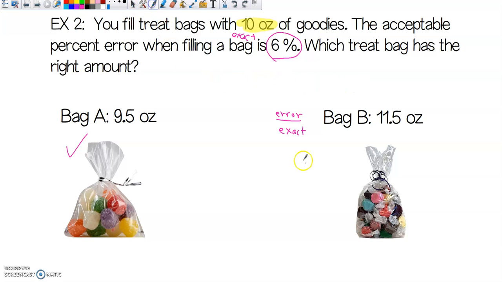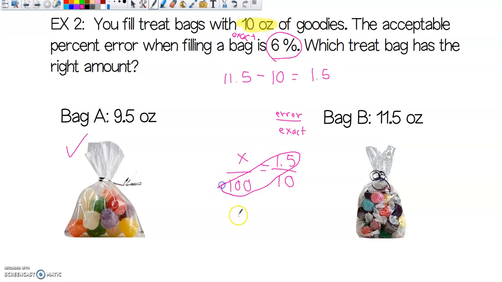So bag B, I need to find what the error is, so I'll go 11.5 and I'll subtract 10, which gives me 1.5 for my error. This time I'll remember that my exact amount was 10 ounces, so I wanted exactly 10. And we'll go ahead and set it up as a ratio.